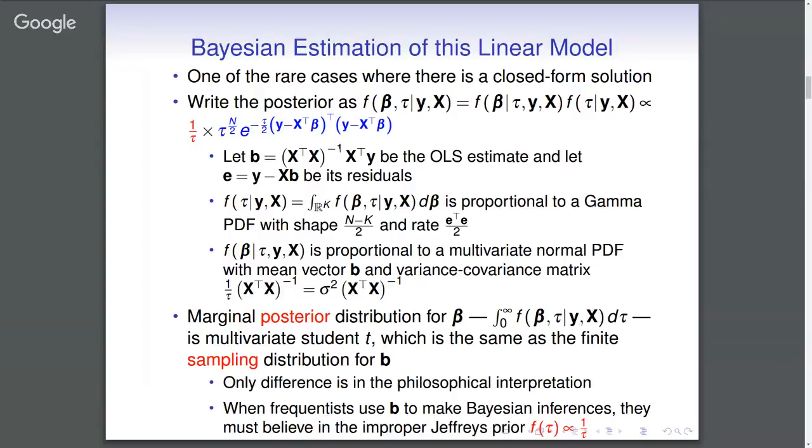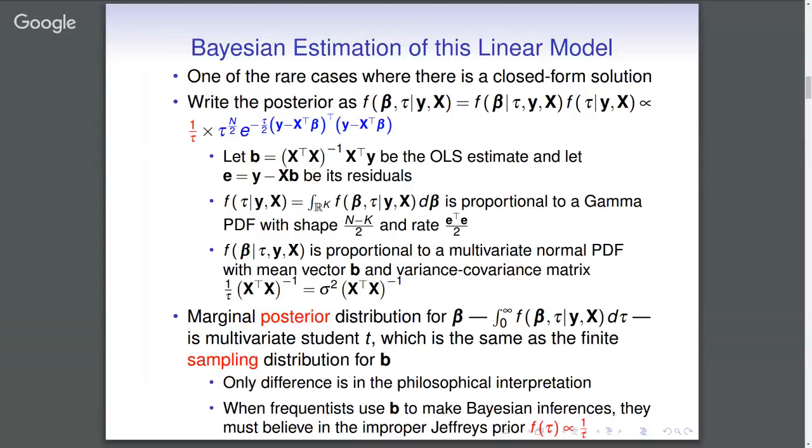To make things slightly simpler, I'm not actually going to prove this, but let's define B as the ordinary least squares estimates, X transpose X quantity inverse times X transpose y. That's the OLS coefficients. And E is a vector of residuals defined as my y vector minus X times B. So I have those two quantities before I even start.